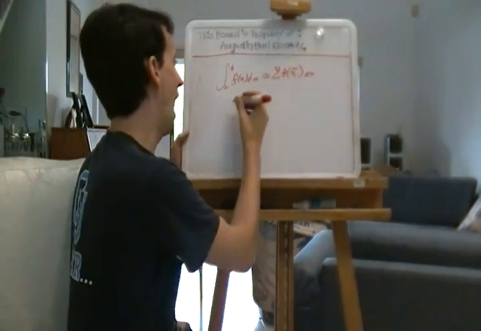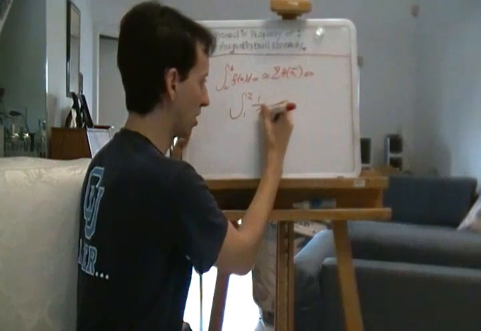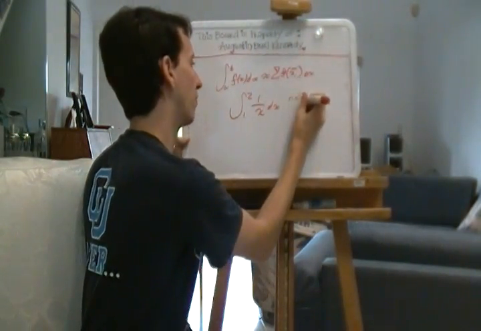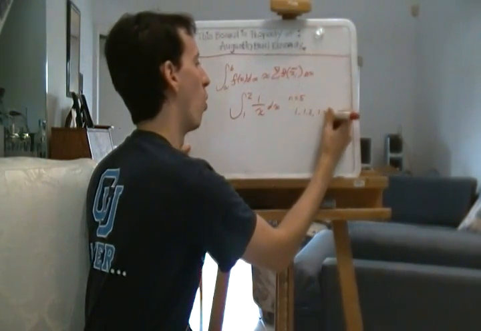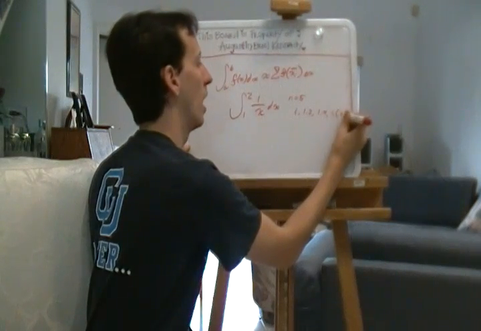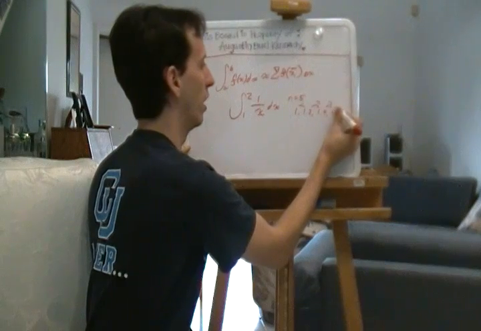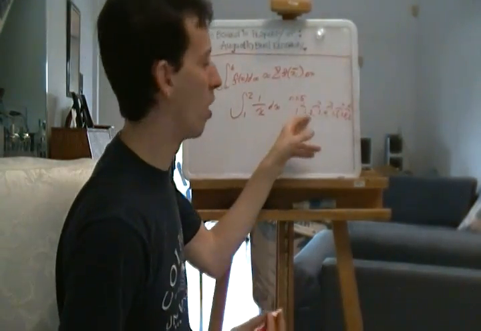So basically, if we have the integral from 1 to 2 of 1 over x dx, n equals 5, well, we know that we've got 1, 1.2, 1.4, 1.6, 1.8, 2. That's 1, 2, 3, 4, 5. We're not going to use 1 or 1.2.